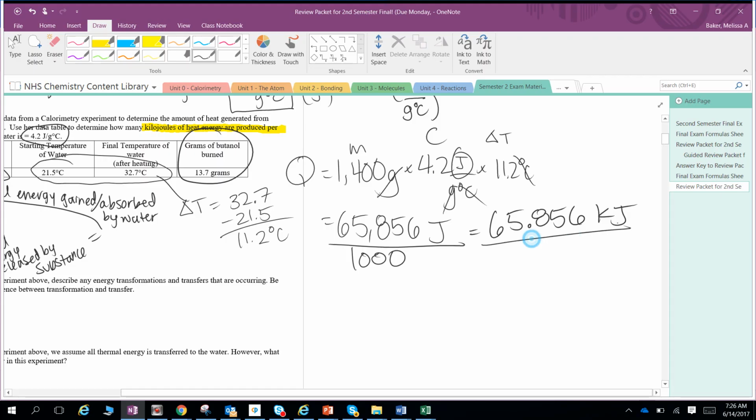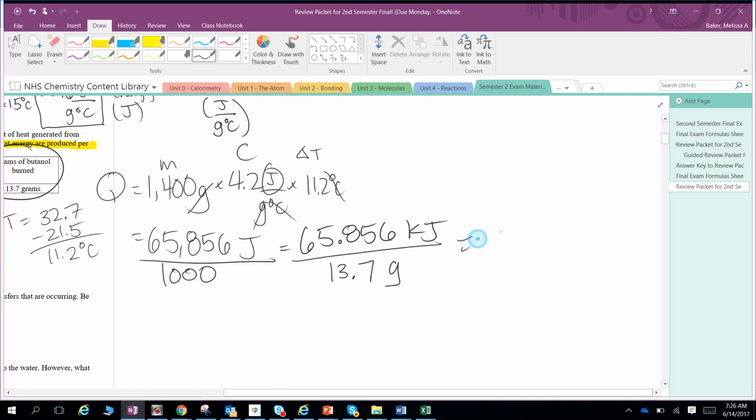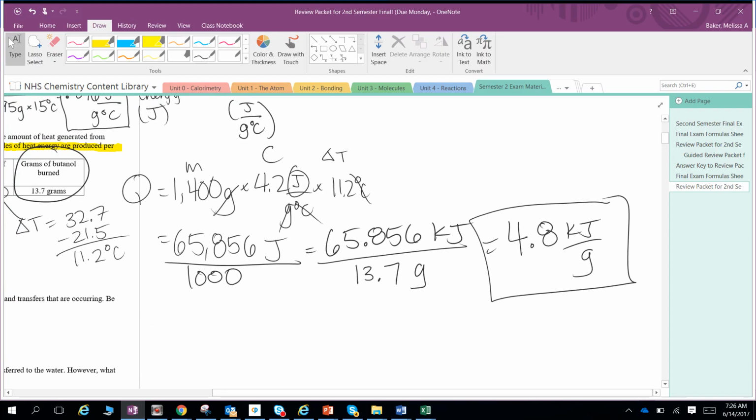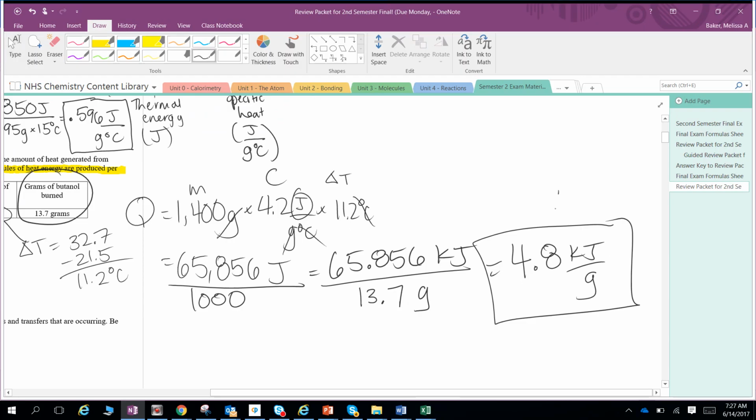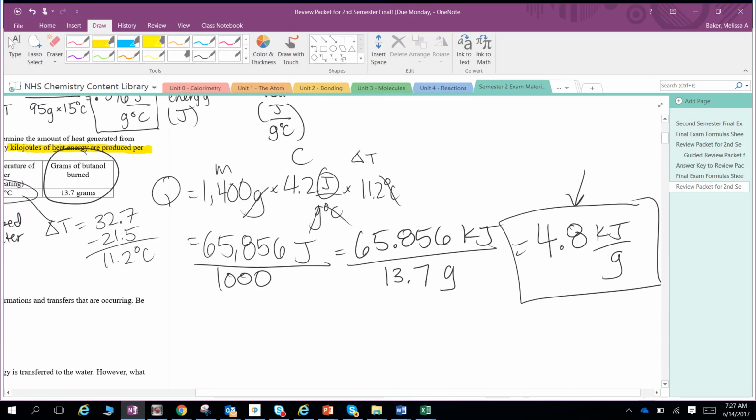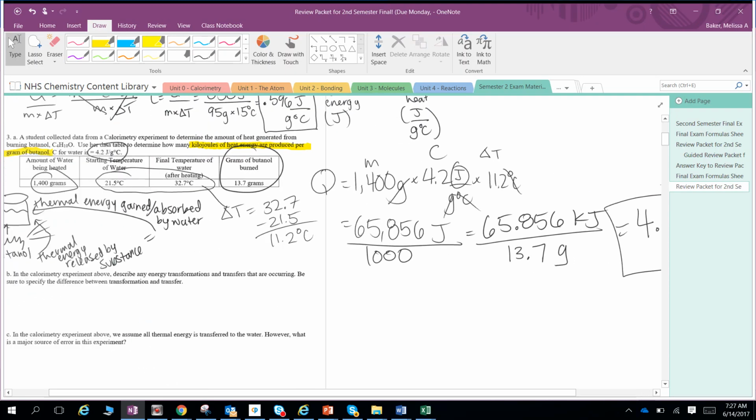So that's important in our calculation. So now I'm going to divide by the 13.7 grams of butanol, and this comes out to be 4.8 kilojoules per gram. That is how much energy my butanol is releasing to the water. So we make the assumption in the end that that is how much energy that the butanol contains.